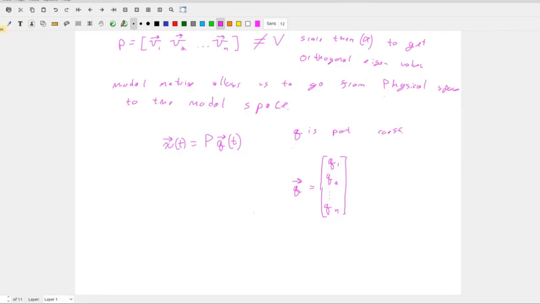Right? Let's forget damping, because that's hard. So we're going to go with x vector of acceleration is equal to P times Q vector of acceleration. That makes sense, right? This is our acceleration term.